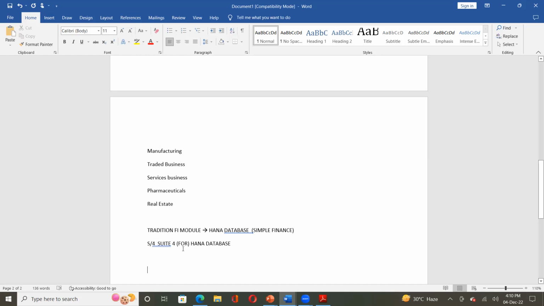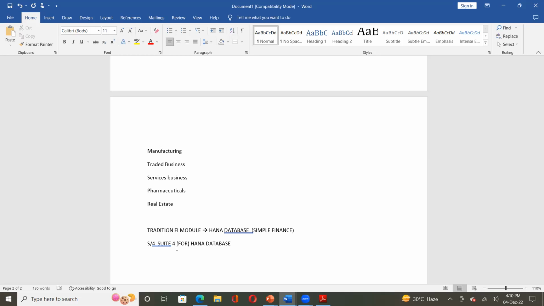For HANA, the 4 stands for, it's nothing but for HANA database, and sometimes we call it the 4th generation HANA database. R/1, R/2, R/3 were the 3 generations, and this one is a completely new thing, so we call it the 4th generation. Either you call it suite for HANA, or suite 4th generation HANA database.